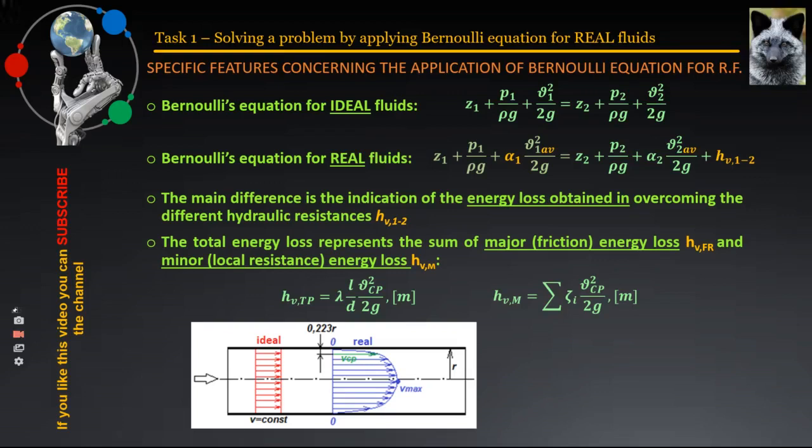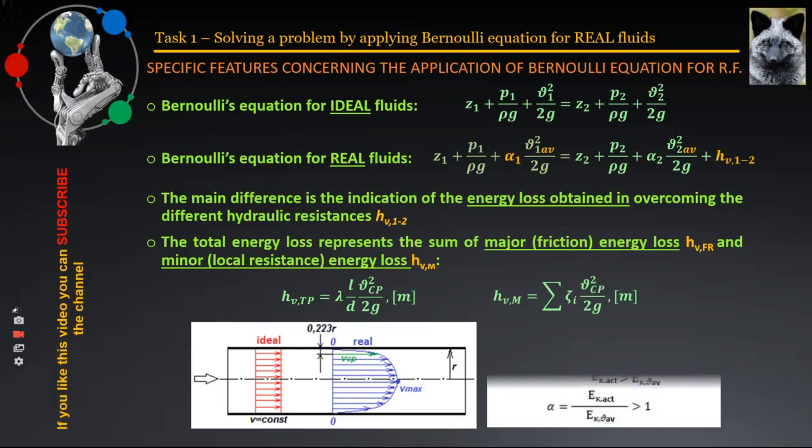No matter how precisely you determine the flow average velocity, when it is used to calculate the kinetic energy, it is found that there is always some discrepancy, deviation, between its actual value and the one expressed by using the average velocity.